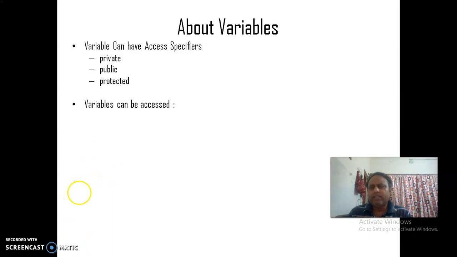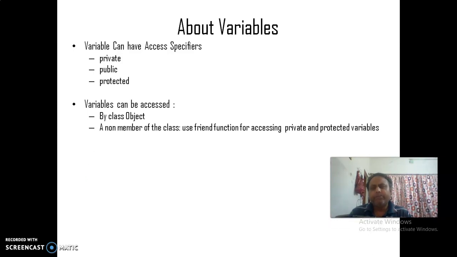These have been provided for the purpose of encapsulation, so that we can protect our data members inside the class from being modified by another object. Who can access these variables? A variable can be accessed by creating the class object. If we have a class object, we can access these variables.